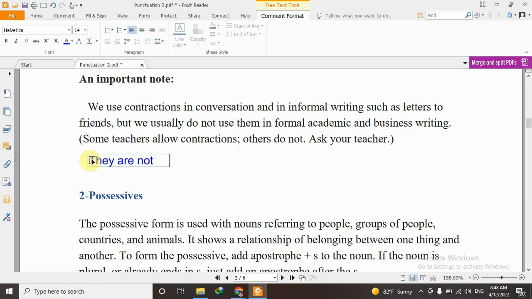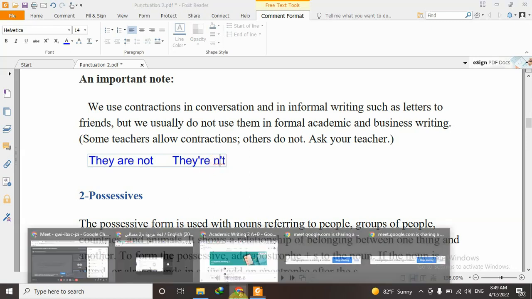It is wrong to say they aren't with both contracted, just like this. This is wrong. You either contract they are or you contract are not. One of them, either this or that. You cannot do the two. Okay.